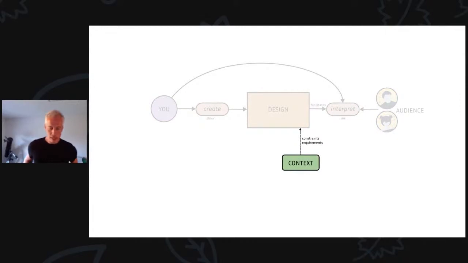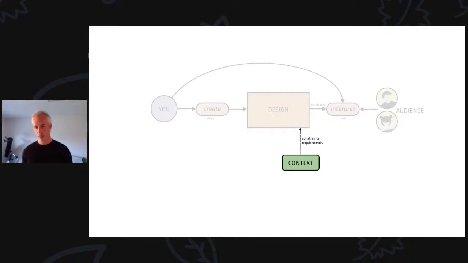So the first thing is every project has a context. And with that, I mean constraints and requirements. And you might say that requirements could be considered constraints as well, but kind of self-imposed constraints. If you have a requirement at a high abstraction level, you can think of the goal of a project.